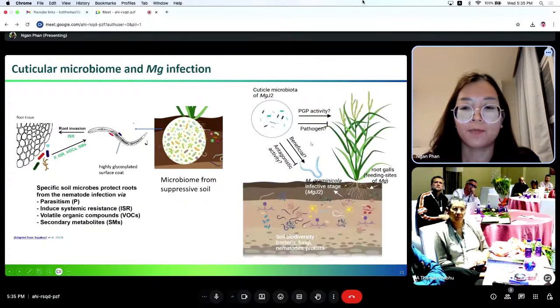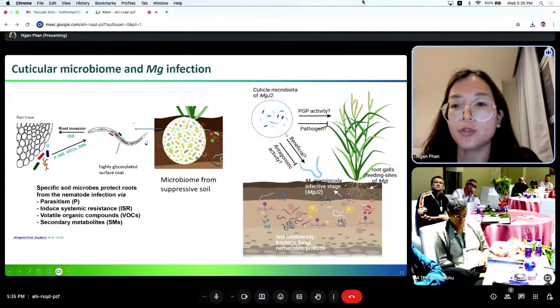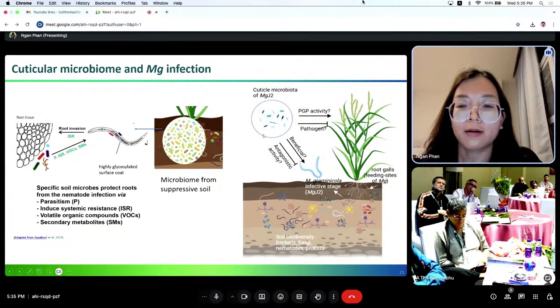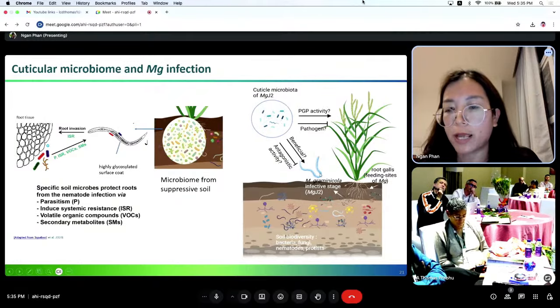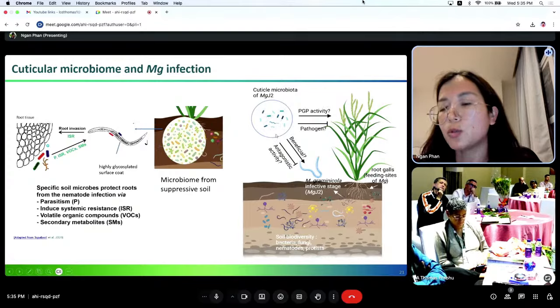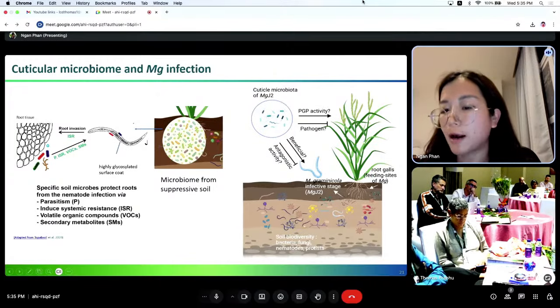So we aim to study if there are microorganisms associated with the cuticle of the nematode, whether these microbes have an impact on the infection of the nematode into the rice, and whether the nematode-associated plant-promoting microbes also have an impact on plant health.